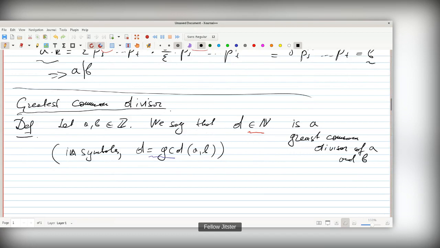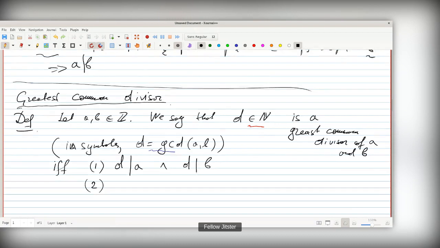So d is called the greatest common divisor of a and b if and only if the following two properties hold. First of all, d is a common divisor of a and b, it divides both the numbers, and it is the greatest one in the following sense.